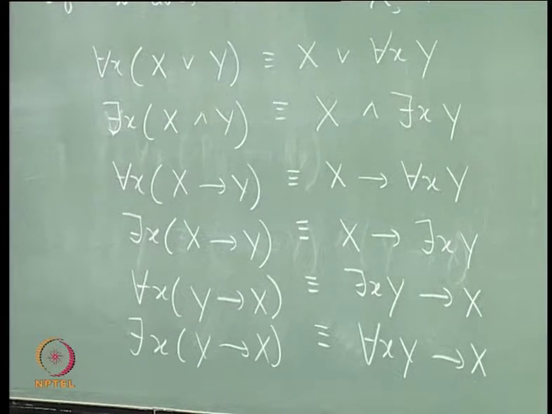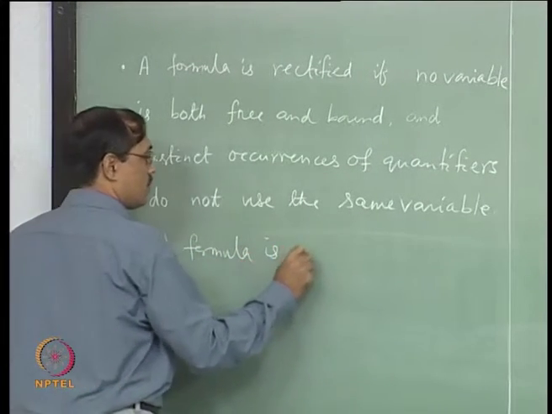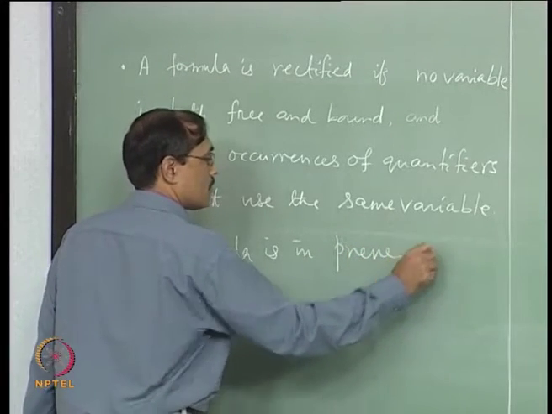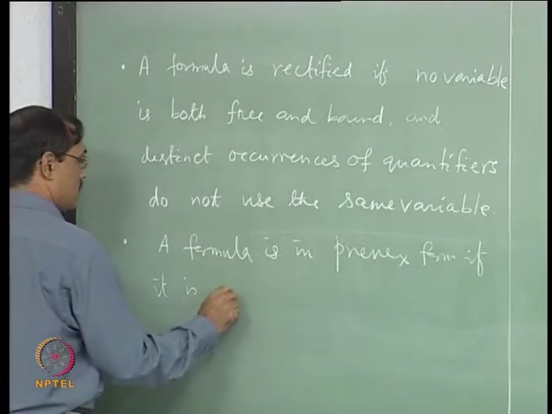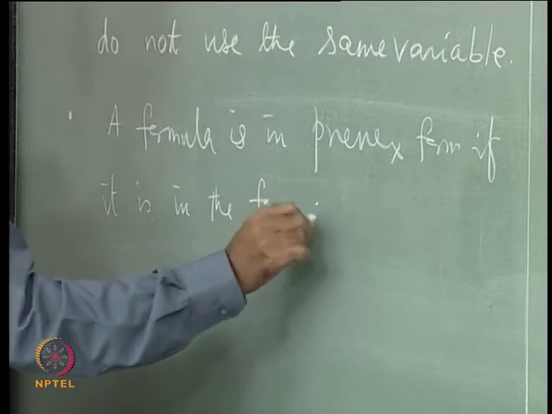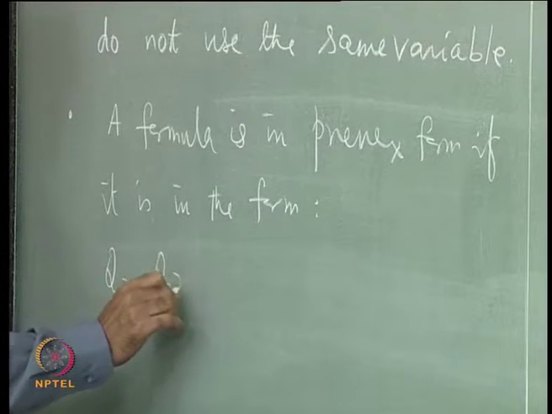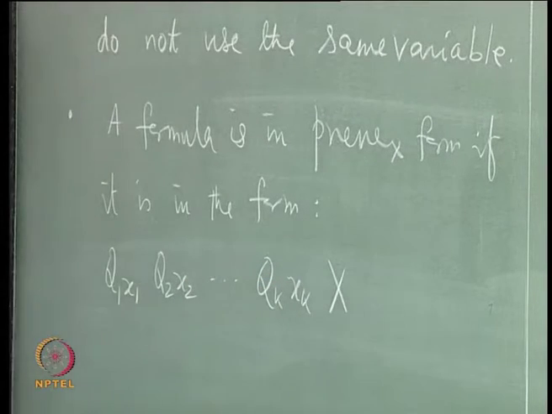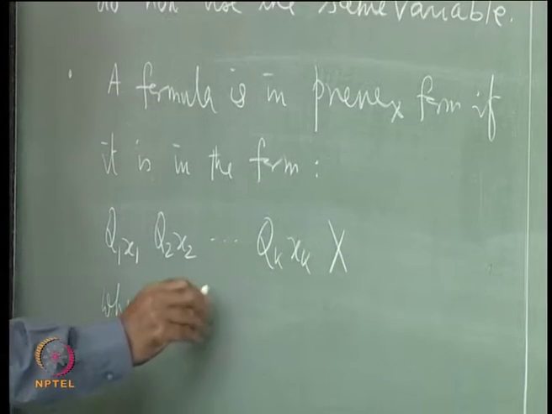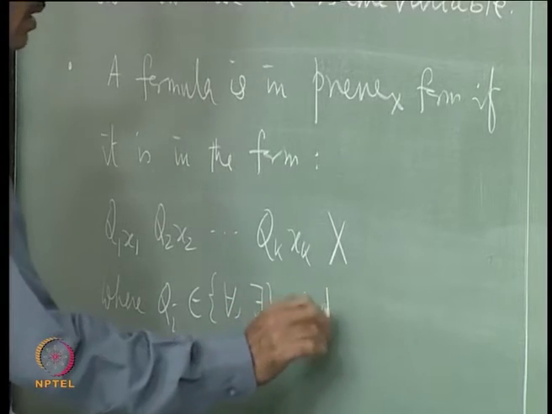So, we say that a formula is in prenex form if it is in the form Q1 x1, Q2 x2 and so on, followed by X, where each Qi is either for all or there is, and X does not contain any quantifier.